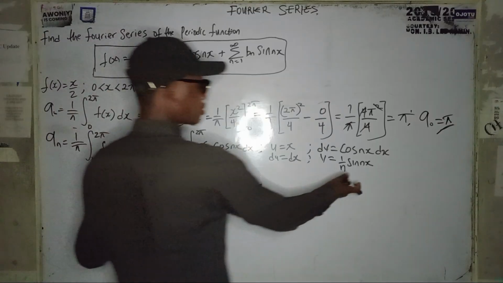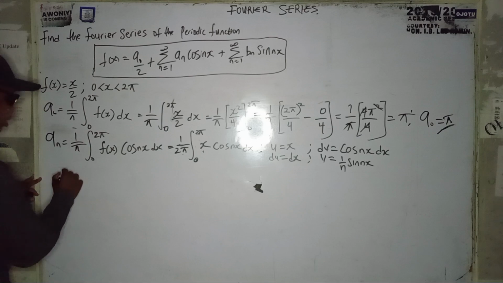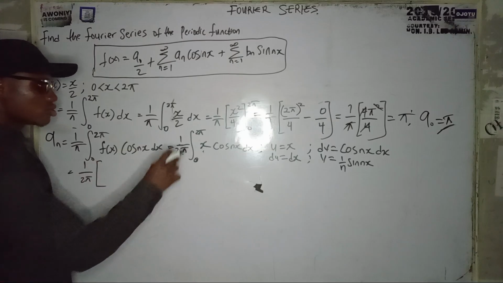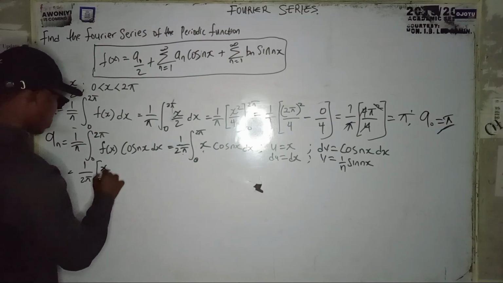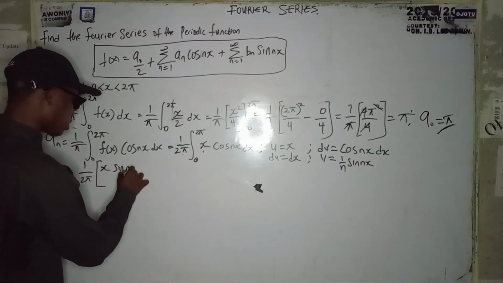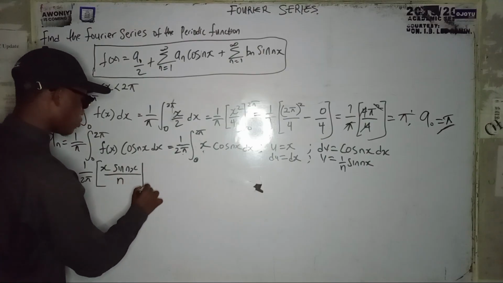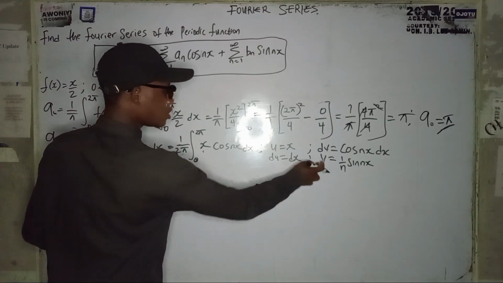So now that we are putting the values for our integration by parts, we can continue by saying this is equal to 1 over 2 pi times brackets uv, that is x times sine nx over n from 0 to 2 pi, minus the integral of v du.